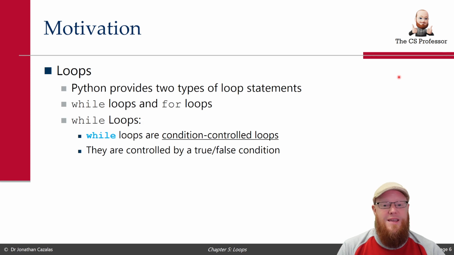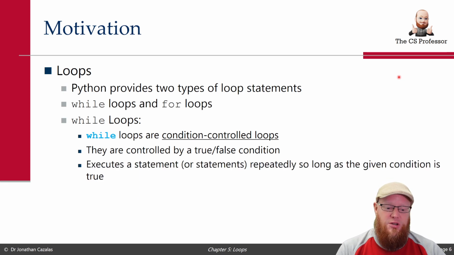So a while loop is a condition-controlled loop where we will keep looping as long as a given condition is true, and we will only exit and stop looping once that condition is false. So we will execute this statement repeatedly, or many statements repeatedly, so long as a given condition is true.